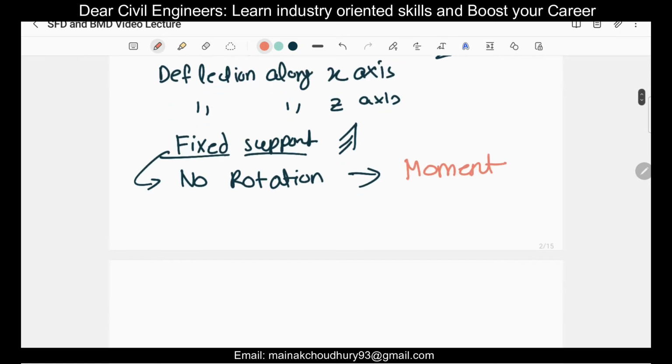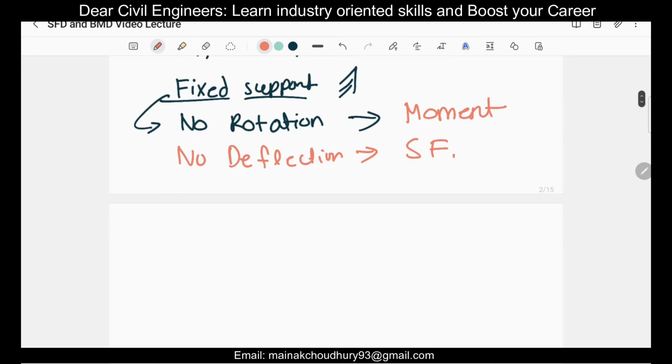This is a simple concept. And no deflection in either of the axes. So shear force is also there. Since there is no rotation, moment is there, and since there is no deflection, shear force is also there.